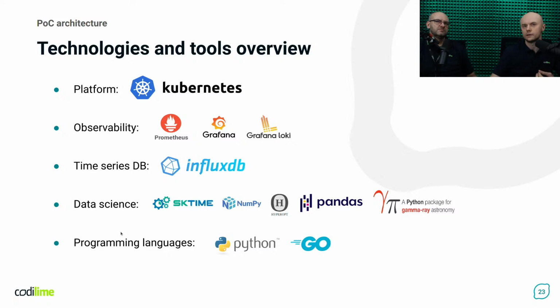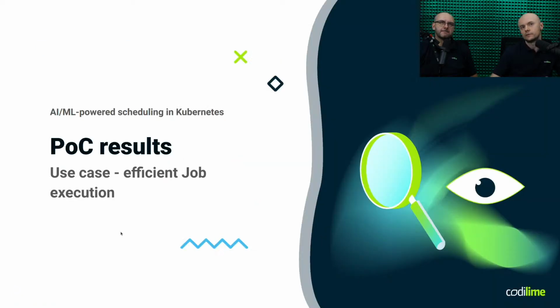All the analytical modules have been written in Python, but we also use plenty of different tools and libraries to provide AI functions for them. And lastly, the custom plugin for scheduling has been developed in Golang, as this is the main language for Kubernetes. So I think now we are in a very good place to start talking about the results of our POC.